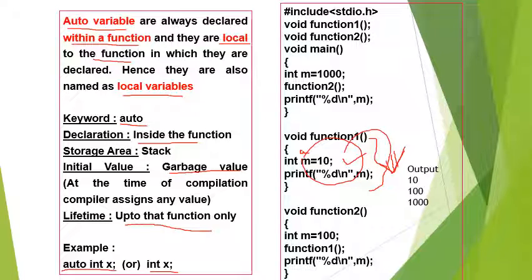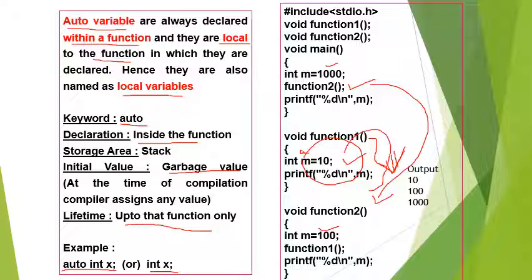In the main function, an int m is declared and its value is initialized to 1000. From there it is calling function two of. Now we can see what is happening inside function two of. In function two of, the value of m is changed to 100.